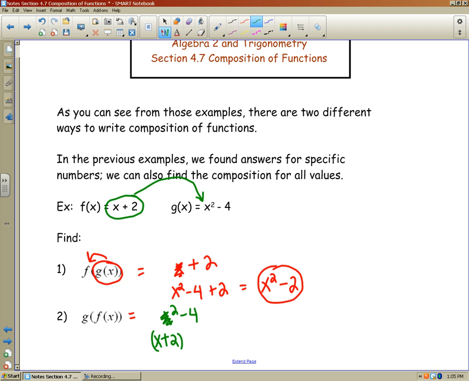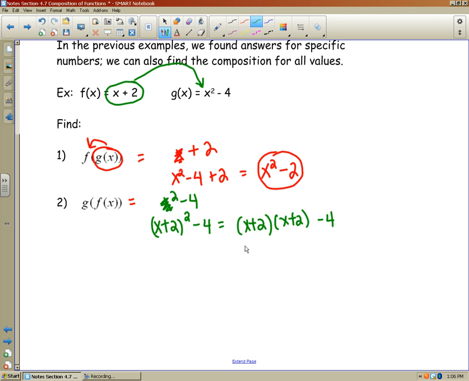So x plus 2, quantity squared, minus 4. This is x plus 2 times x plus 2, minus the 4. Do some algebra: x squared plus 2x plus 2x plus 4, minus this 4.